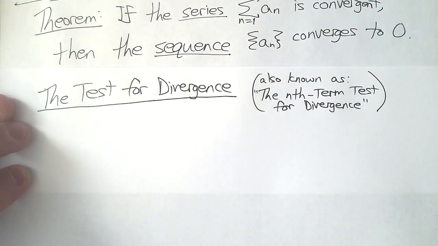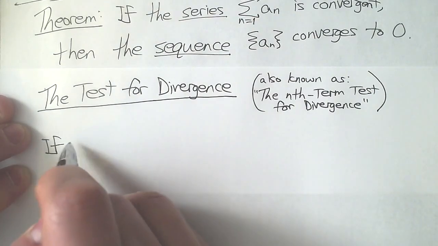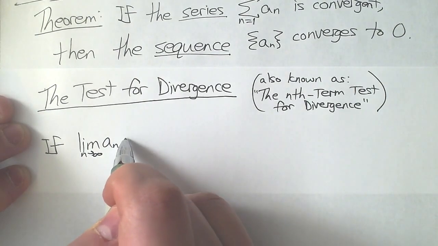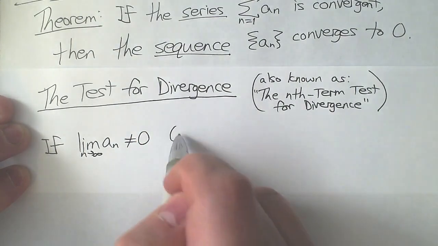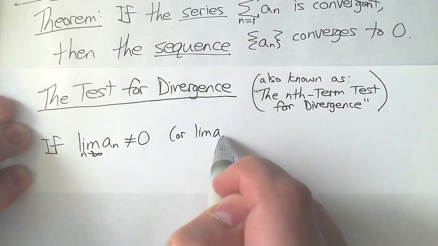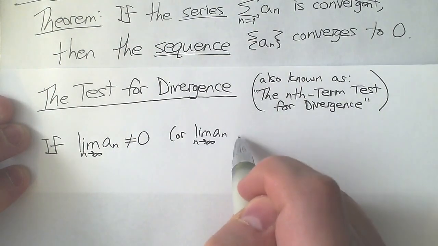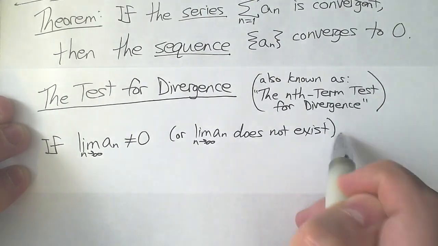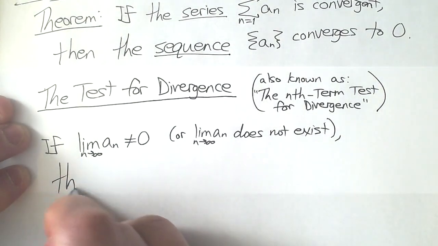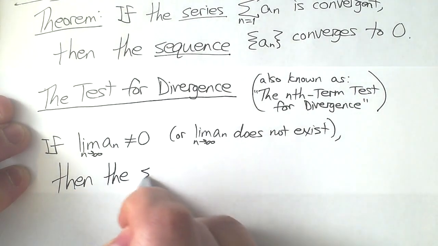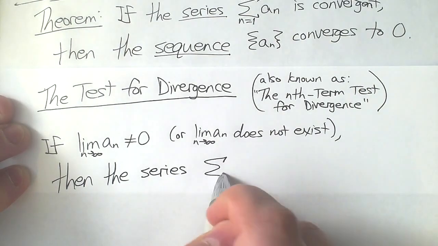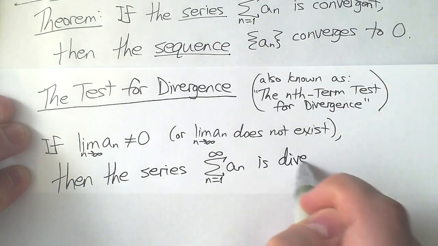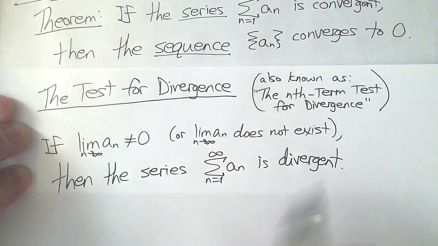It's going to be a single sentence, and it says, if the limit of an does not equal 0, or the limit of an does not exist, then the series of ans is divergent, period.